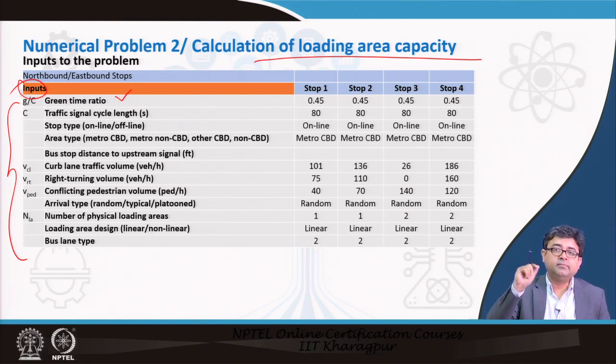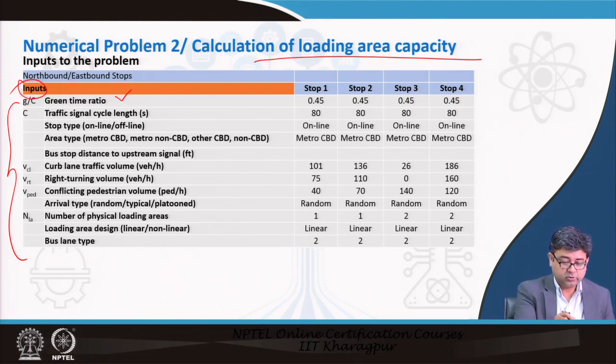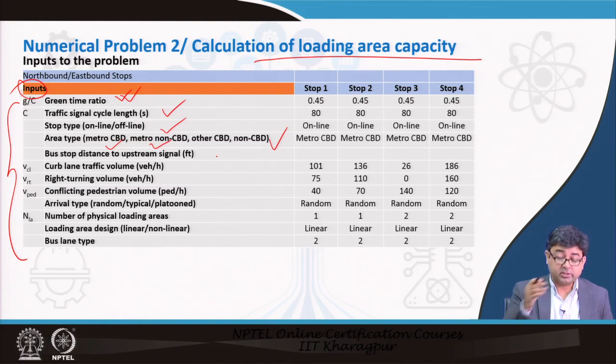So, you have to know the green time ratio, the traffic signal cycle length, what type of stop it is, whether it is in line or has a bus bay, and which area it is in, a CBD, non-CBD, or some other type of area, residential area, and so on. You have to know which area the bus stop is in.